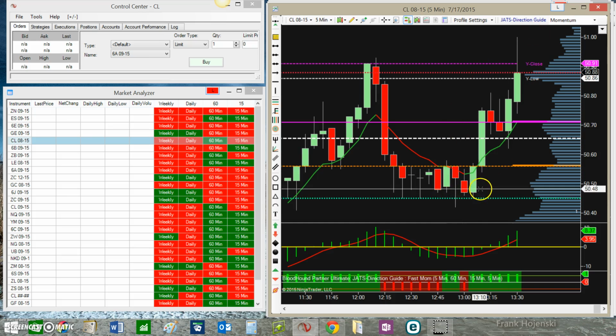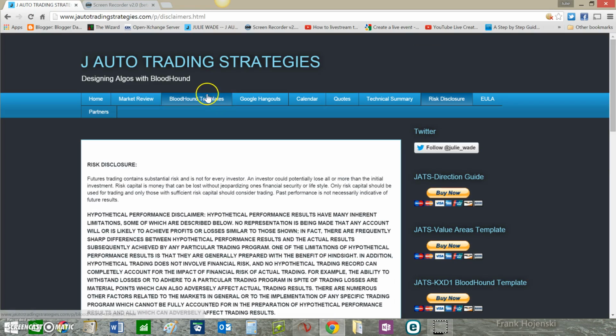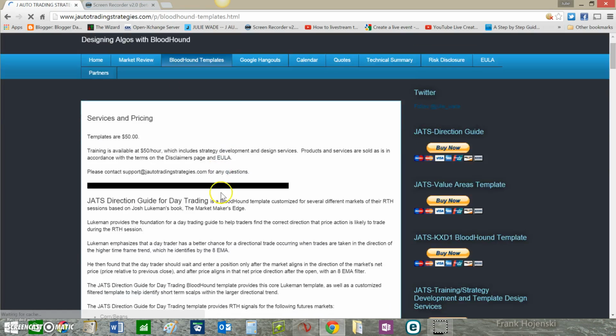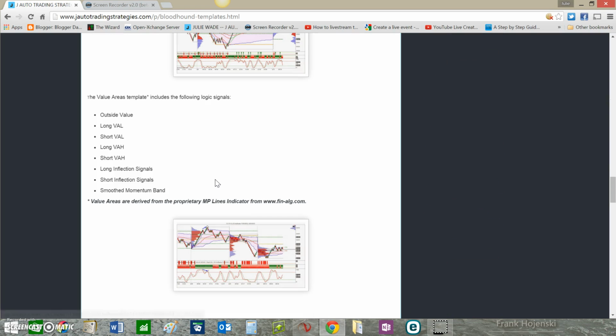So the market profile template I have is a value area template, and that would allow you to get some value area high and low inflections.